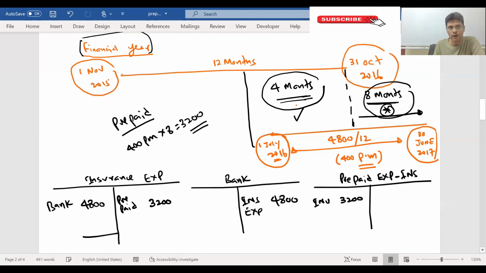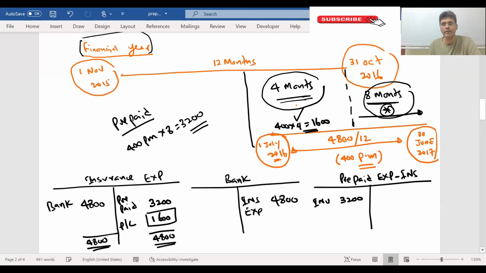So how much is to be charged to the current financial period? When you balance this off, you need to charge 1,600 to the current financial period. 1,600 means 400 times 4, which is 1,600. Okay, so this is the answer for this particular question.